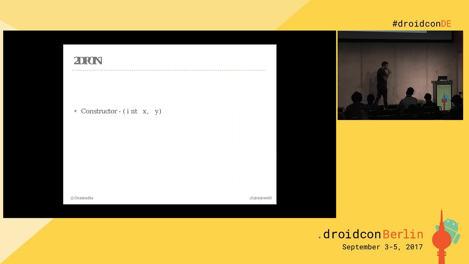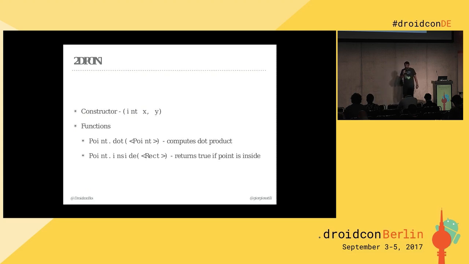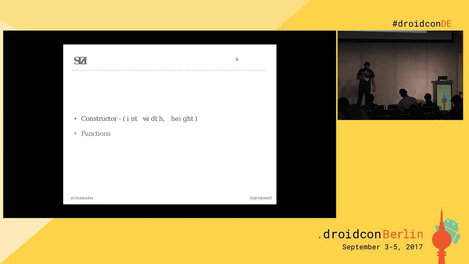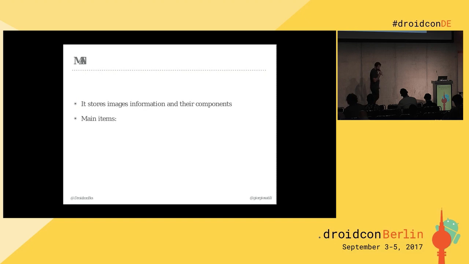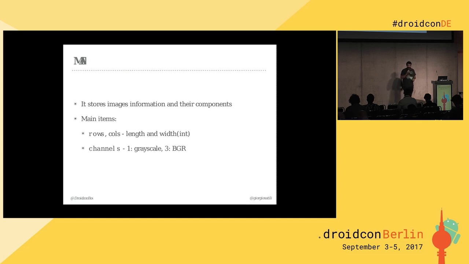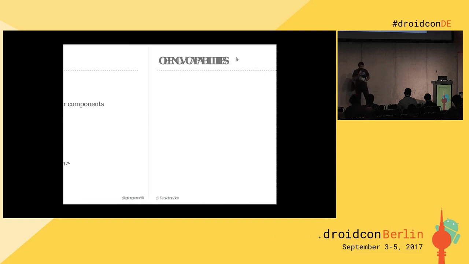The Point object has a pretty simple constructor and several functions, including the inside one and the dot product. The Size is the same thing, a constructor and an area. The Mat object is the most complex, with many items, because it can give you rows and columns. It's a two-dimensional representation of the image. It can give you information about the channels that you are using in that image, and the depth.